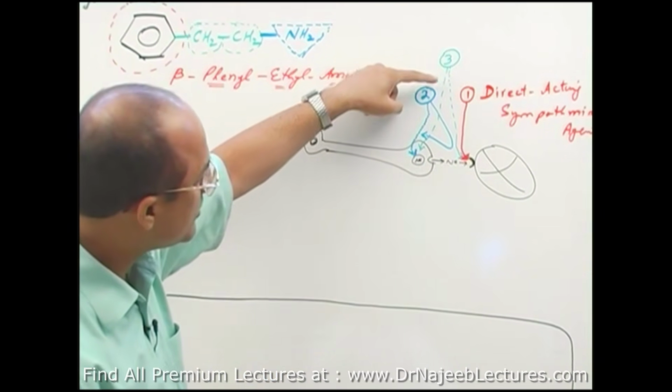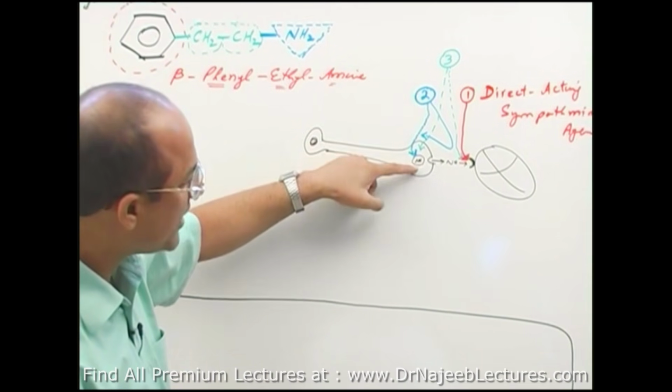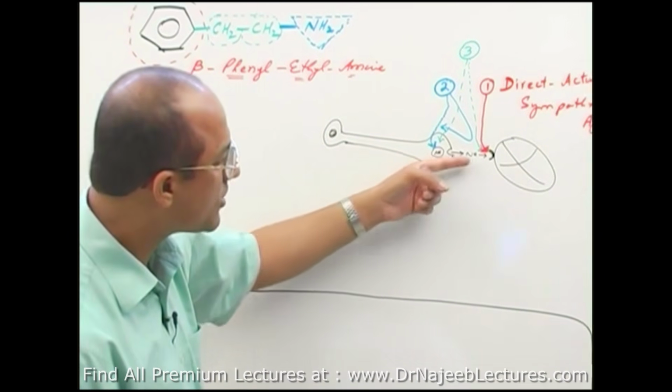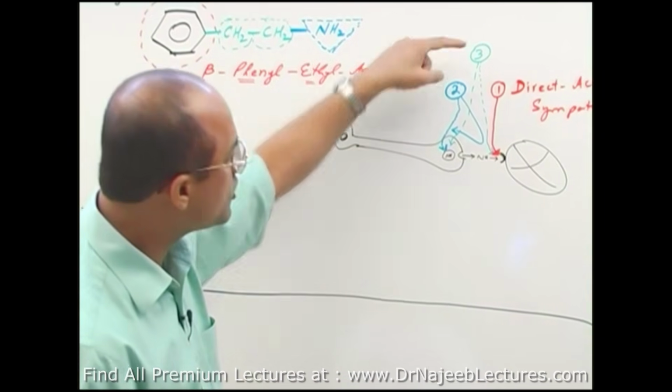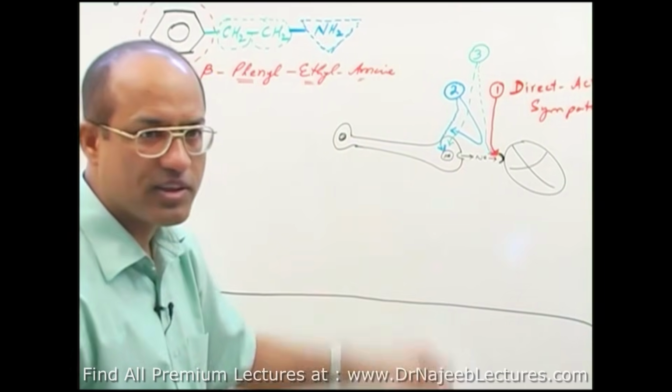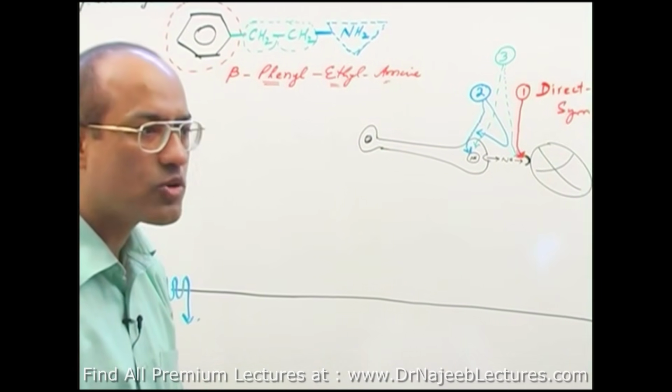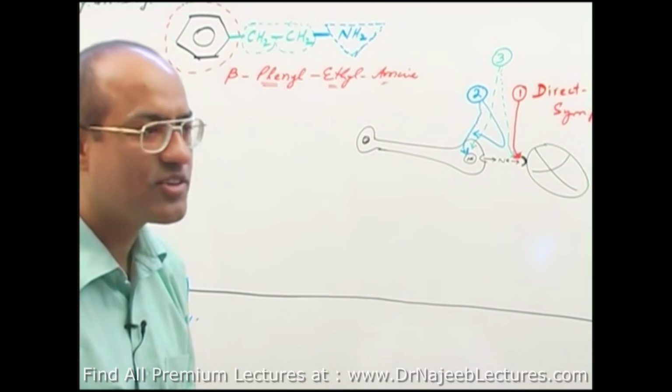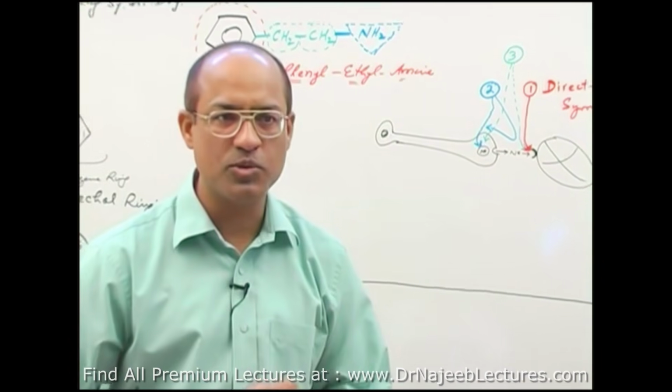Secondly, some of this drug enters into the nerve ending and increases the endogenous release of norepinephrine. So this drug works as a directly acting as well as an indirectly acting sympathomimetic drug. This is also called a mixed action sympathomimetic drug. We'll go into detail later.